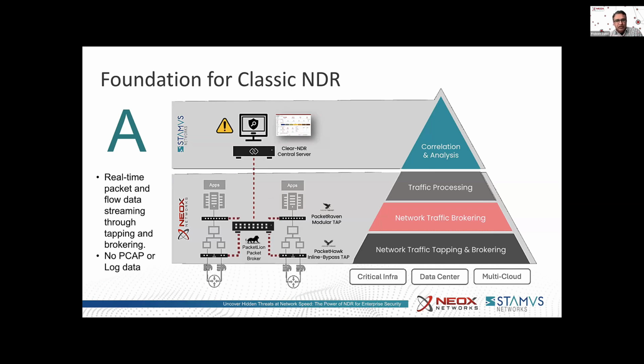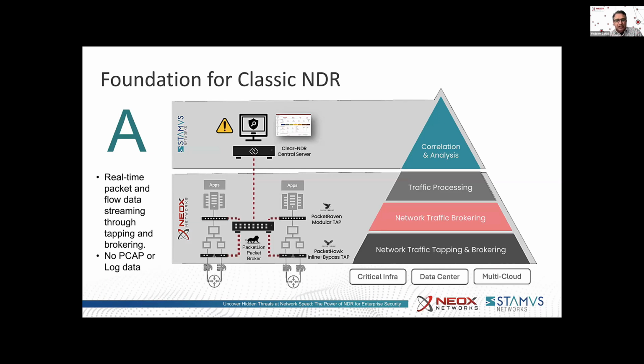Those are your highways, and that's where you see all the data from the end device. So you tap the strategic points in the network, north, south, east, west, and mirror it through a tapping mechanism versus SPAN, which has a lot of issues. Bring it centrally to a packet broker, and feed it from there to an NDR solution like Stamus. That's one of the approaches.